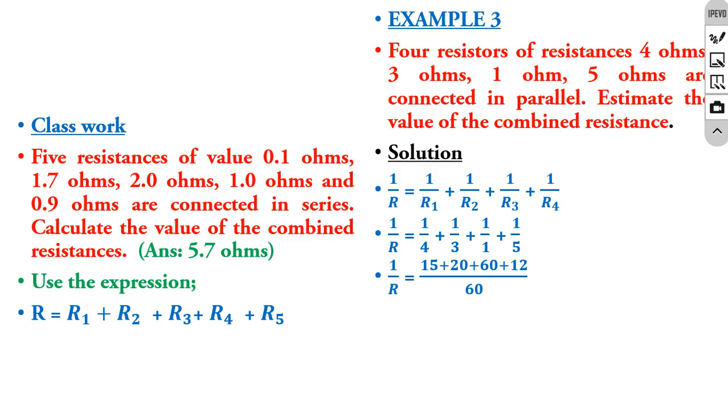Okay, so look at it here, and we had 1 over R equals to 107 over 60. When you cross multiply, let's say, then you will have R equals to 60 over 107, which is the same thing as 0.56 ohms, the solution to that problem.